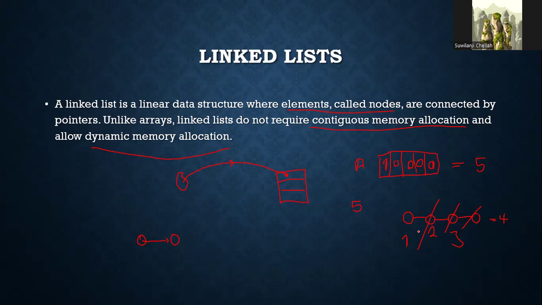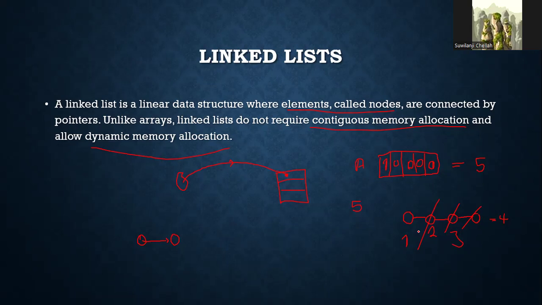So from this explanation, you see that, one, linked lists have better memory allocation and efficiency compared to arrays. Number two, an array has fixed memory, whereas a linked list has dynamic memory.